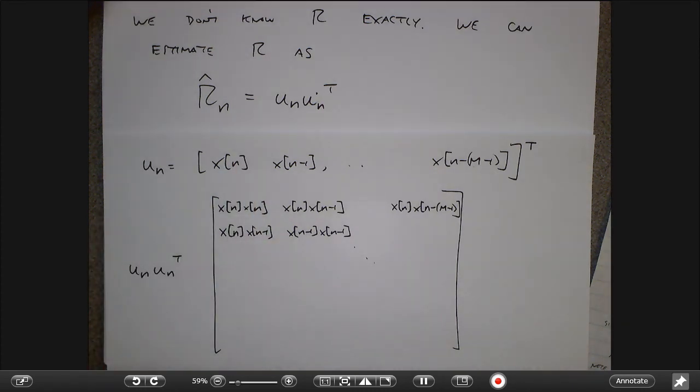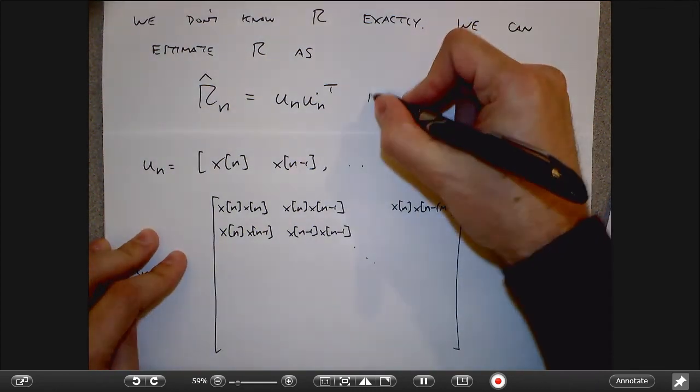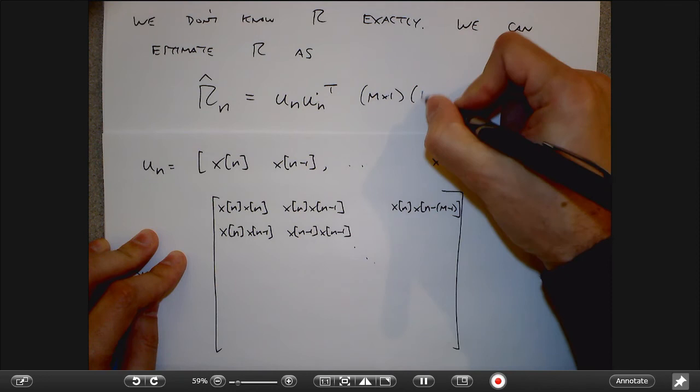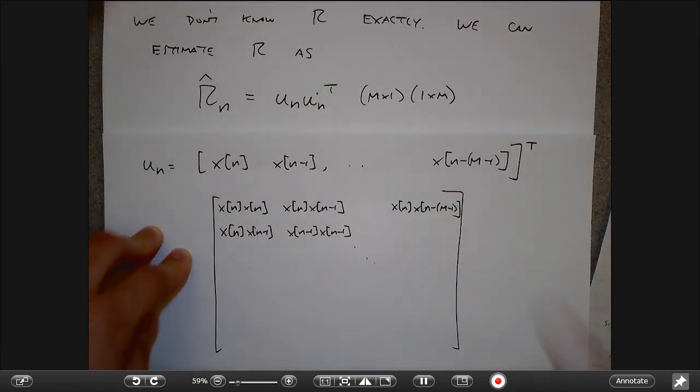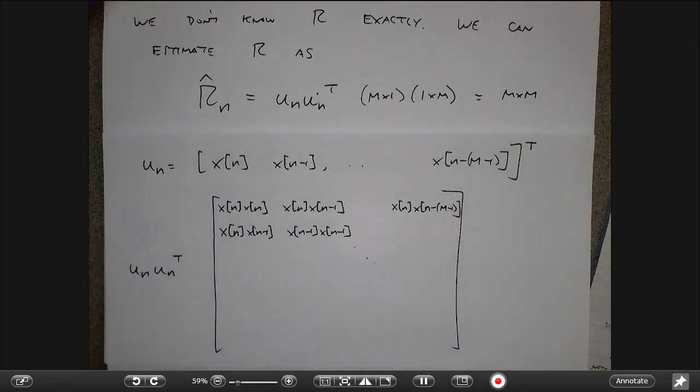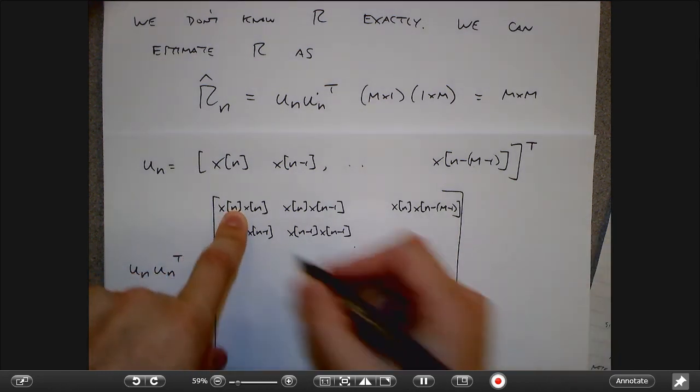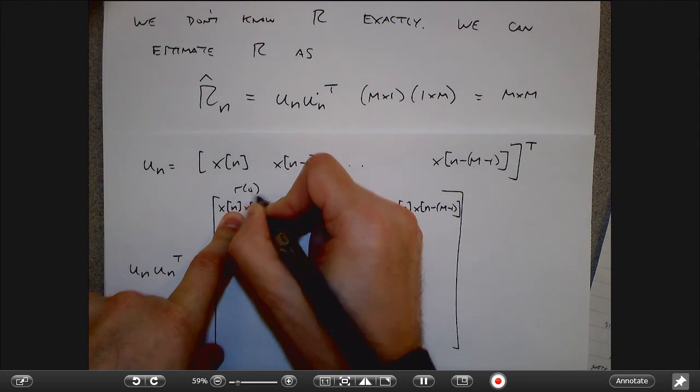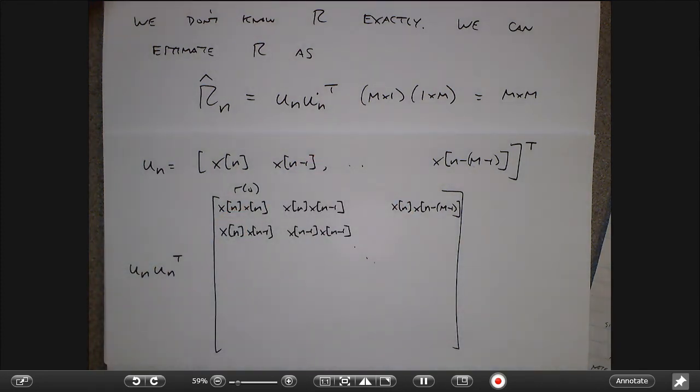So the idea is that this is like an m by 1 column vector times a 1 by m row vector. That gives me an m by m matrix, and that m by m matrix looks like this. And if I was to take the expected value of that matrix, the expected value of this is R0, because those two elements have 0 lag between them.